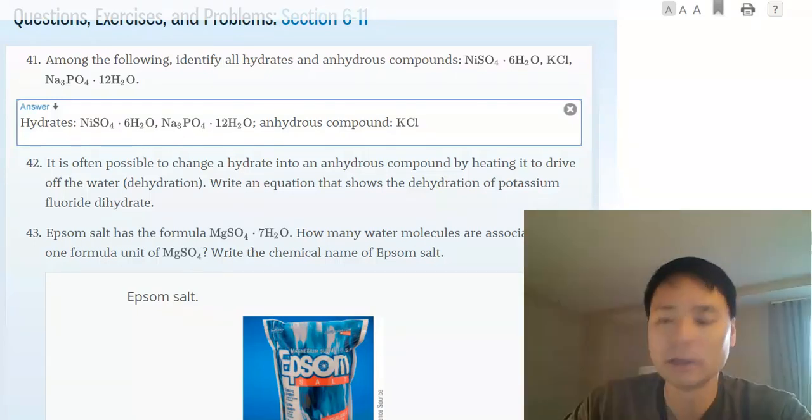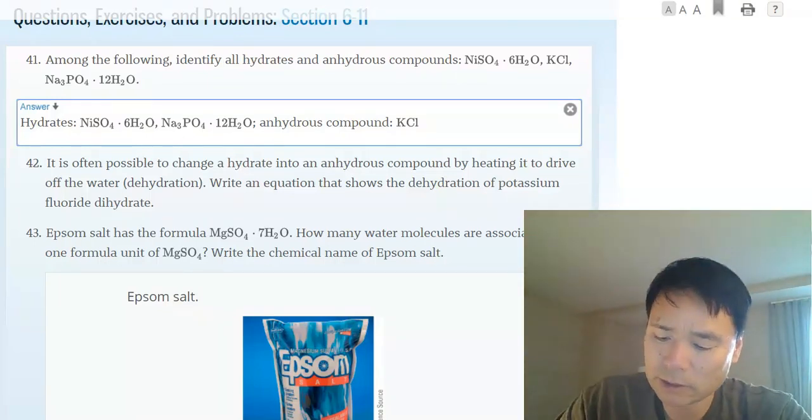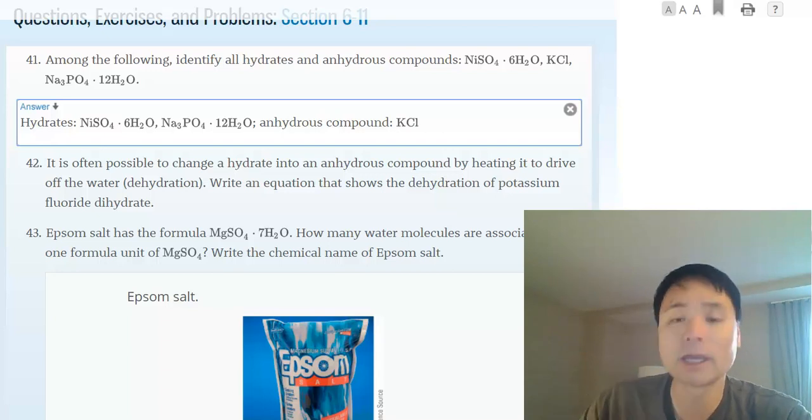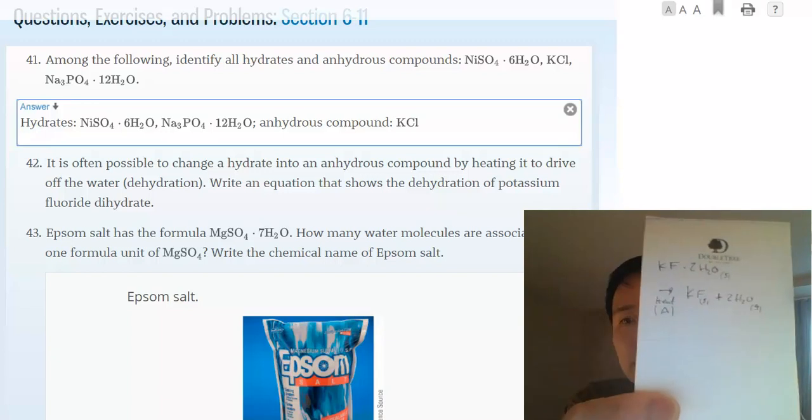Okay, to show an equation dehydrating it, we heat it. Heat is usually given the symbol delta. And so that would give us KF plus 2H2O. The H2O we can drive off as a gas, like something like this, H2O gas, heat here.